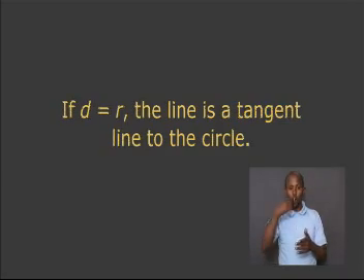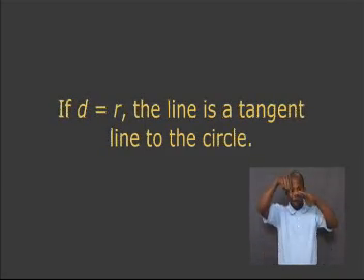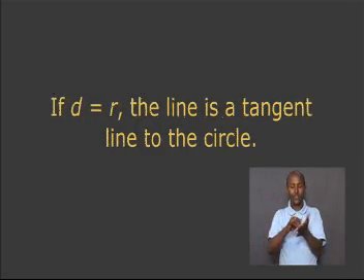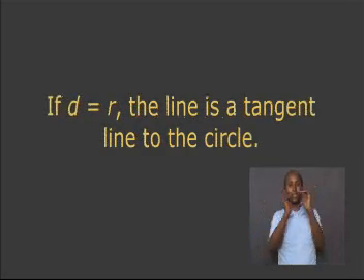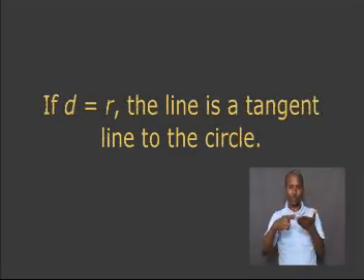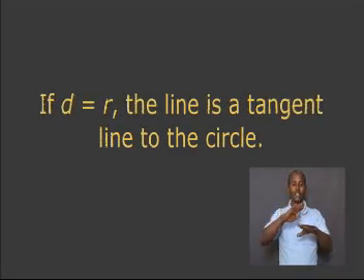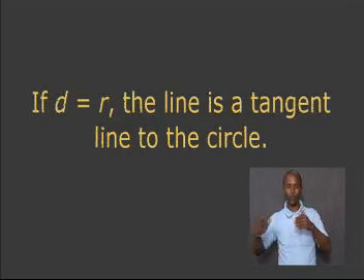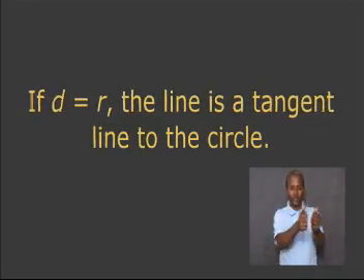Recall that if the perpendicular distance from the center of the circle to a line is equal to the radius of the circle, this is called a tangent line. Let us work through a problem together.